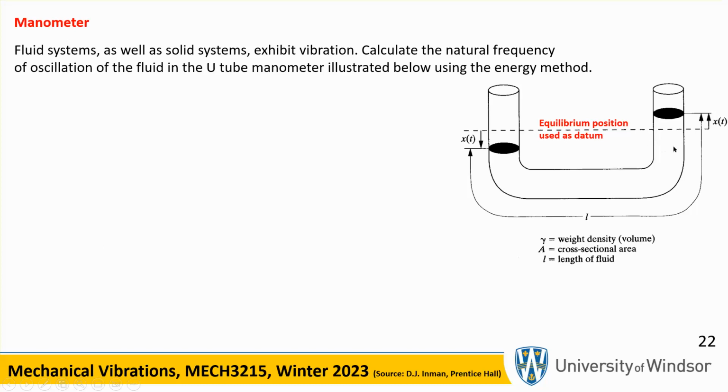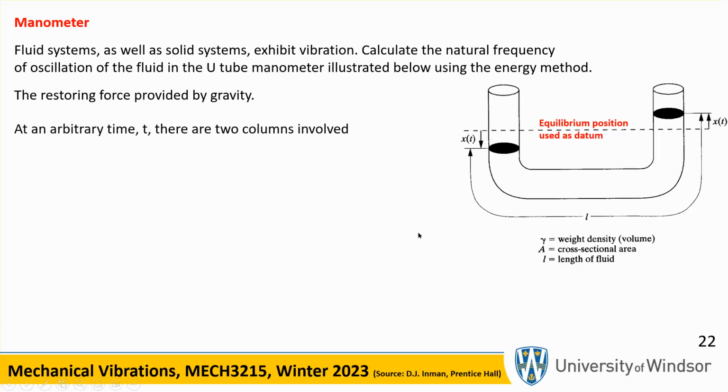There is no spring here. Restoring force is actually the weight due to the displaced liquid, and as soon as I say the weight, gravity is important. So we did this in class using Newton's law, but we're going to repeat that with the energy method now.